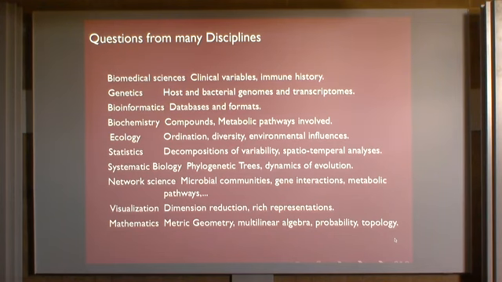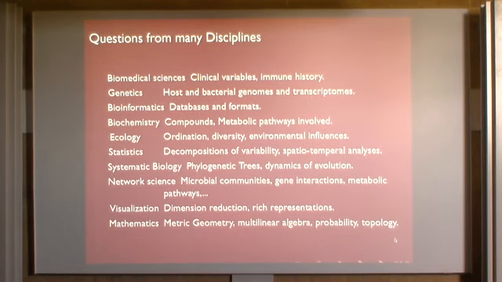So the questions that come up, or really, we have a consortium of people who work on this, and it's interesting because, in some sense, this is a place where ecology meets medicine. So there are methods that came from ecology which are quite qualitative, which were ordination and measures of diversity and environmental influence.